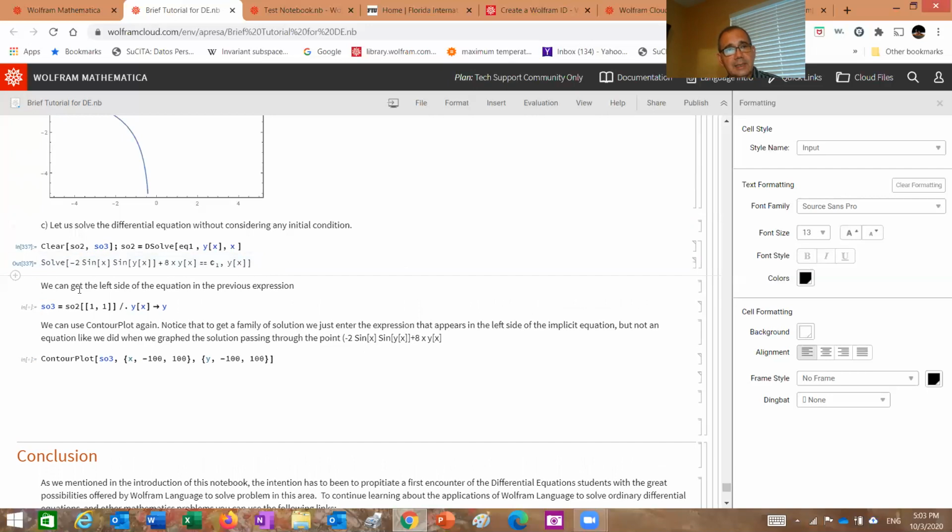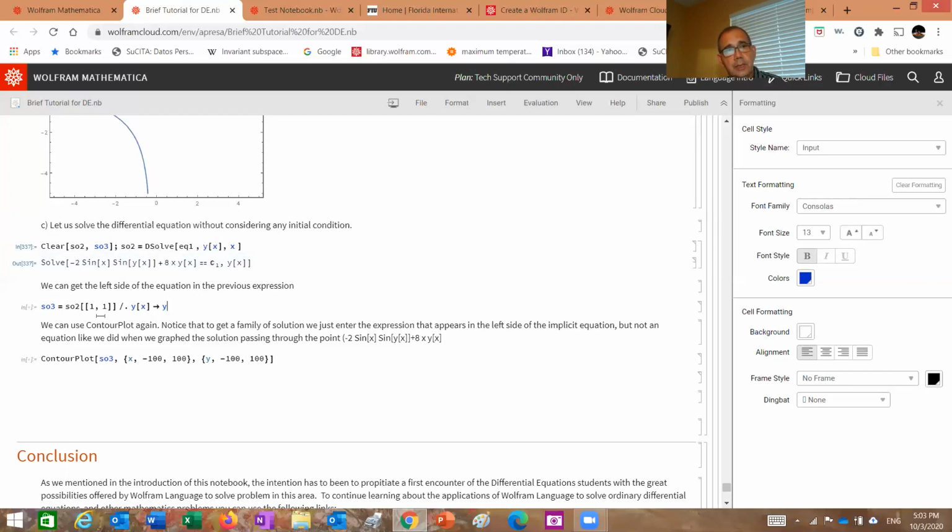And then we can get the left side of the equation in the previous equation. We can replace the y of x. Well, this expression is the one that we have denoted by S of 2, and then in S of 2 we take the part 1, 1, which is exactly the equation.